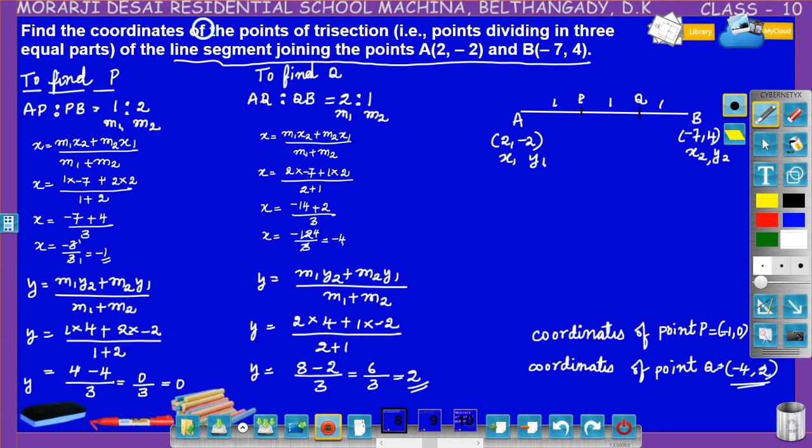Therefore coordinates of the points of trisection of the line AB are minus 1 comma 0 and minus 4 comma 2. Coordinates of point of trisection is equal to minus 1 comma 0 and minus 4 comma 2.